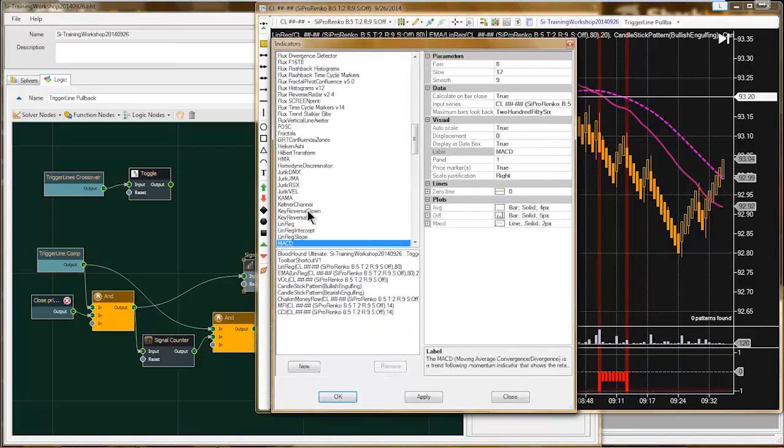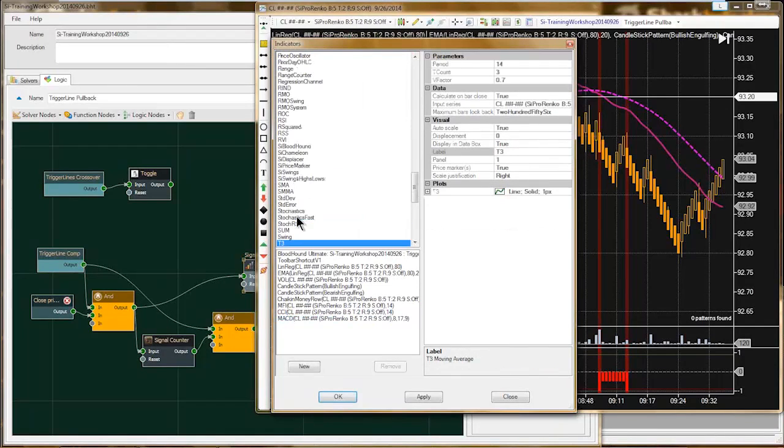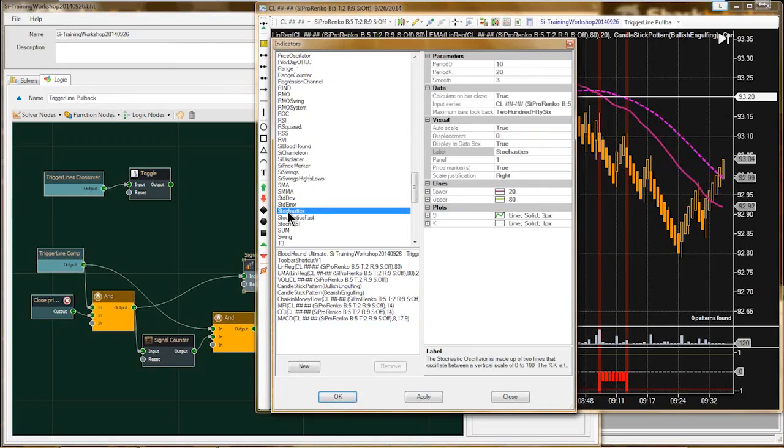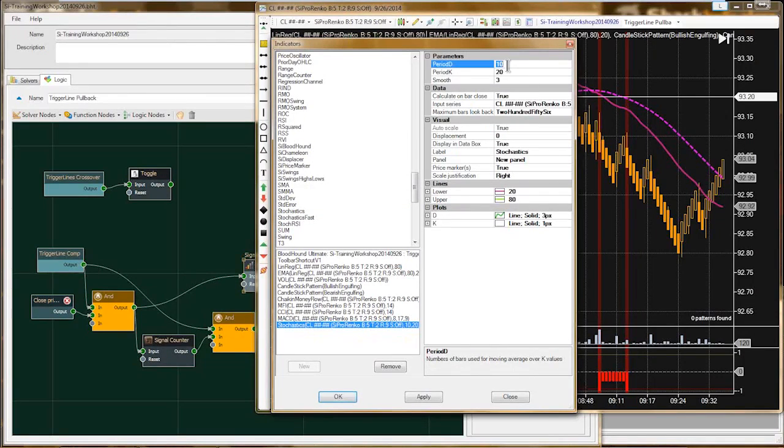Alright, CCI. Okay, the MACD. And the last one is the stochastics. Alright, stochastics is going to be 3 and 14. Okay.